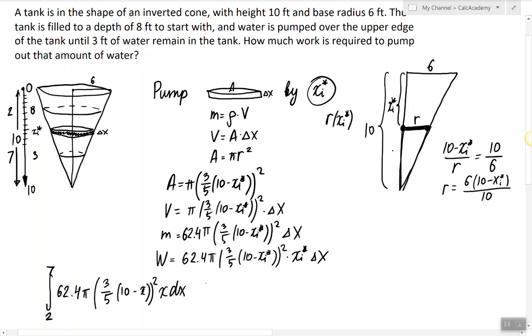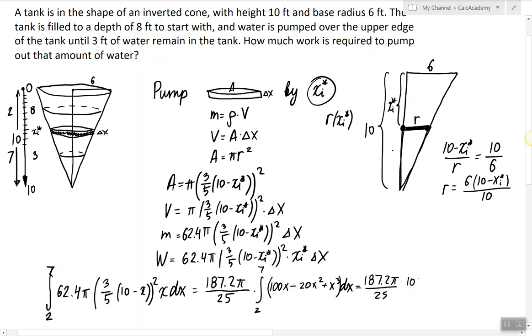And this is a simple integral. We can take all the constants out, so we have 62.4 times 3 over 5 times the integral from 2 to 7, and we're integrating 10 minus x squared times x, so it's going to be 100x minus 20x squared plus x cubed dx, and finding the antiderivative of that is pretty straightforward.